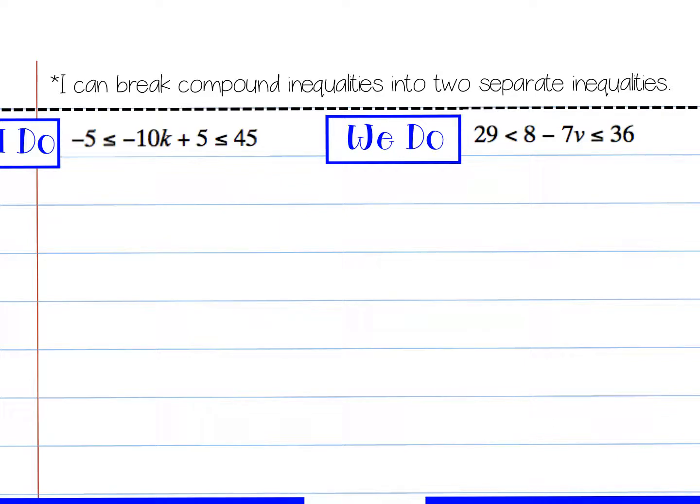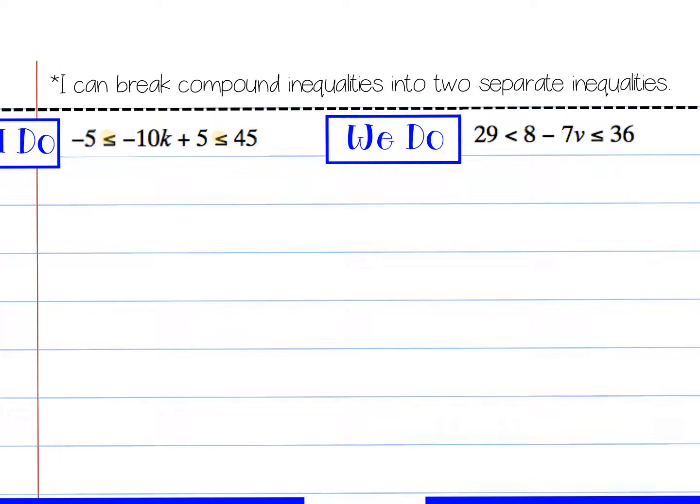All right, so I am going to model this first example over here where I have -5 is less than or equal to -10k plus 5, which is less than or equal to 45. So my first question is, are there two inequality signs? And I see that I have a sign here and a sign here. So yes, so I know this is a compound inequality. So then what are my two inequalities?